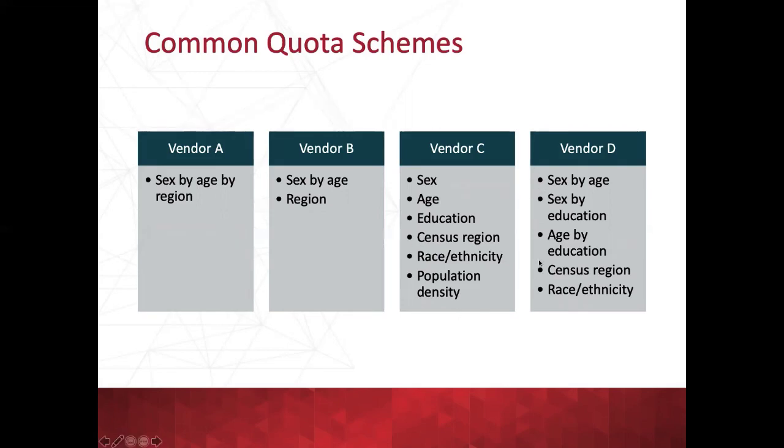So quota schemes are also evolving to be more complex to make sure that the survey is more representative. And I think that when you think about weighting, it's important that you think about the quota design as well.